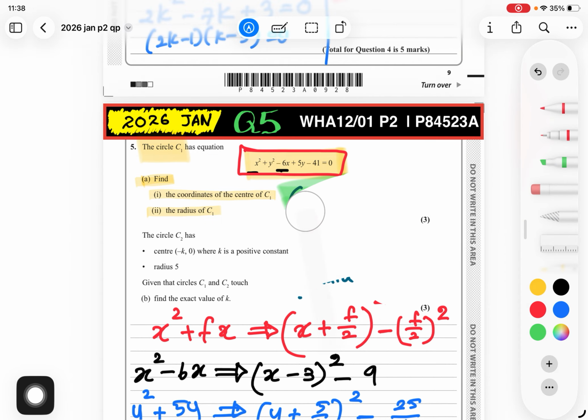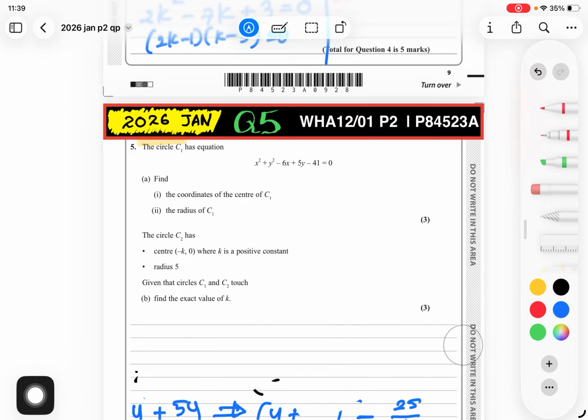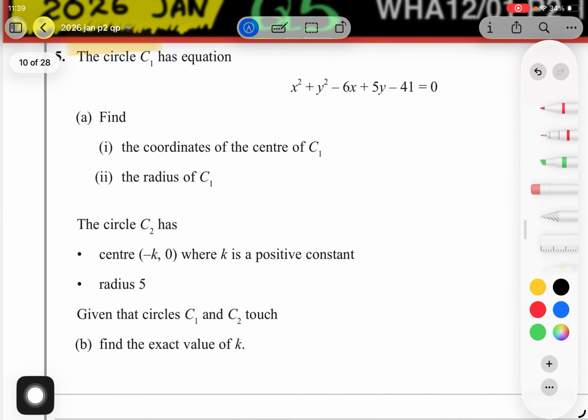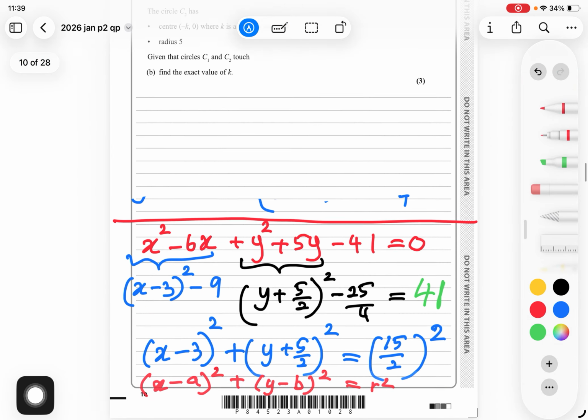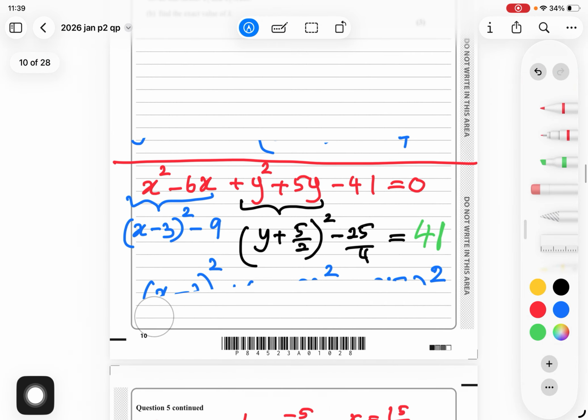Once we have this equation, let's read through C2. Now they are talking about another circle, C2, which has a center at (−k, 0), where k is a positive constant, and a radius is given. They're also saying that these two circles touch each other.